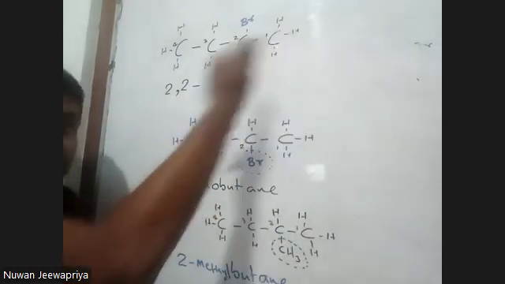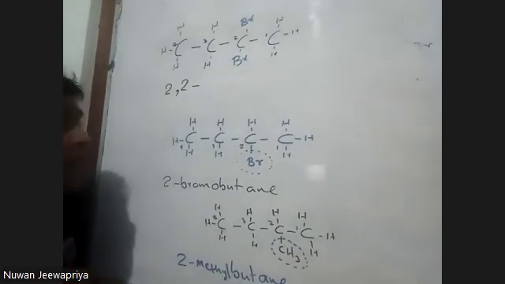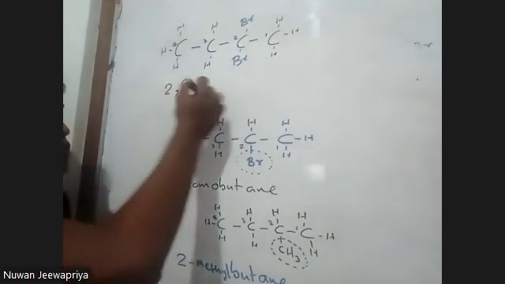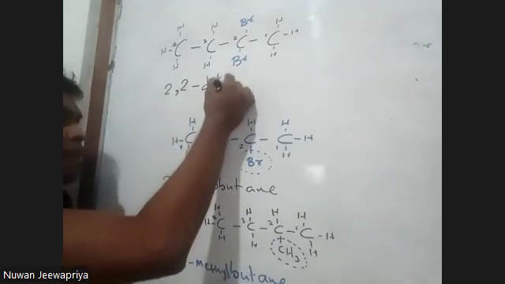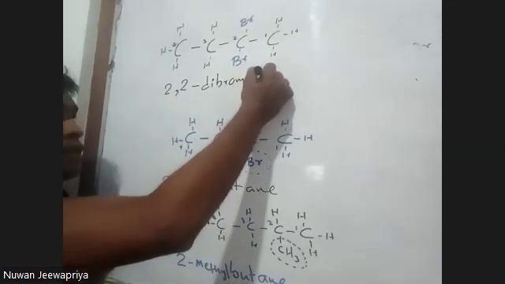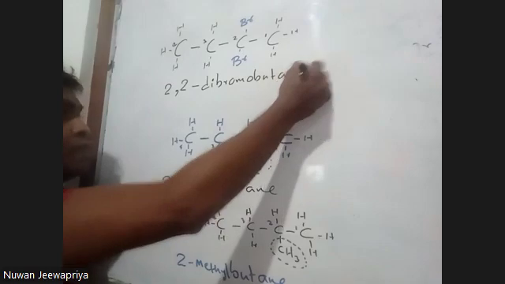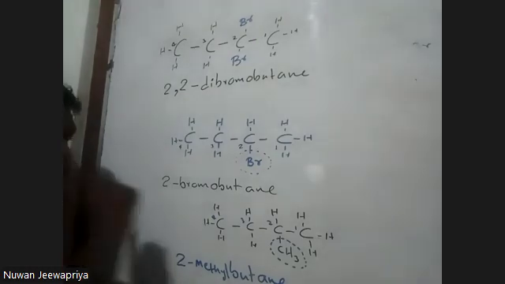So 2 comma 2 dash. 2 times means di. What is there 2 times? Bromine. Dibromo. So totally 4 carbon, butane. 2,2-dibromobutane.